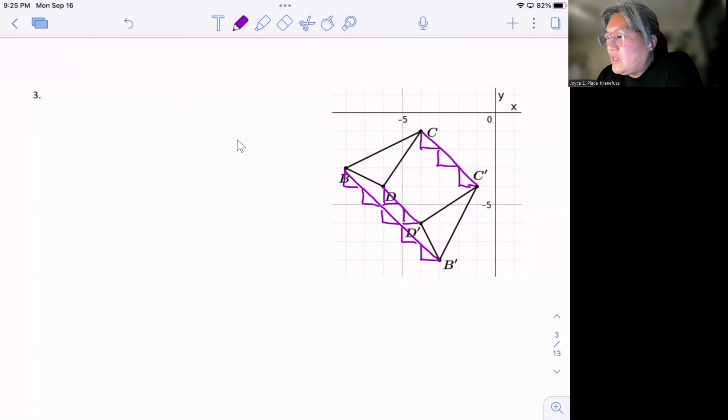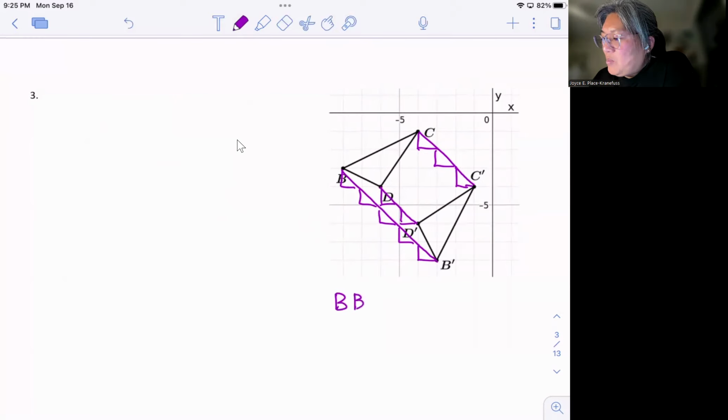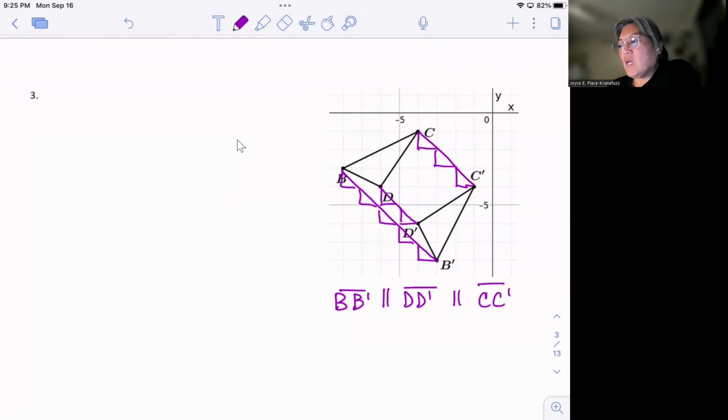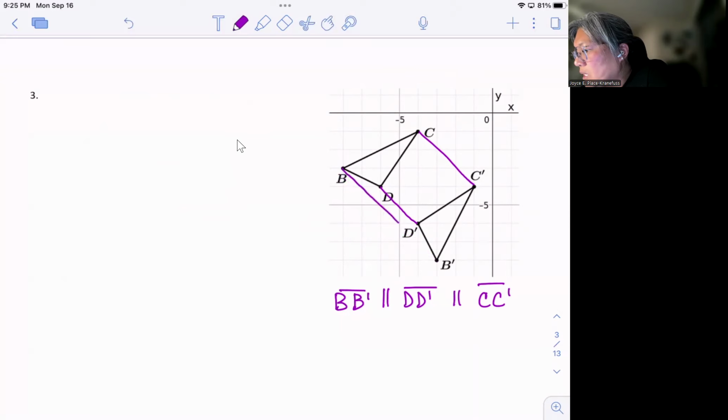So that means B to B prime is parallel to D prime, which is parallel to C prime. And if all of those are parallel, what do we know about this structure between them? We know we have a, sorry, that's not real straight line. We know we have a reflection.